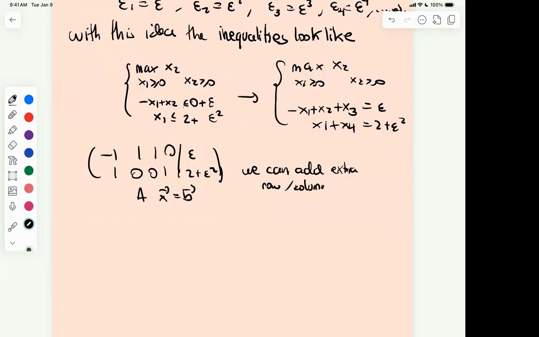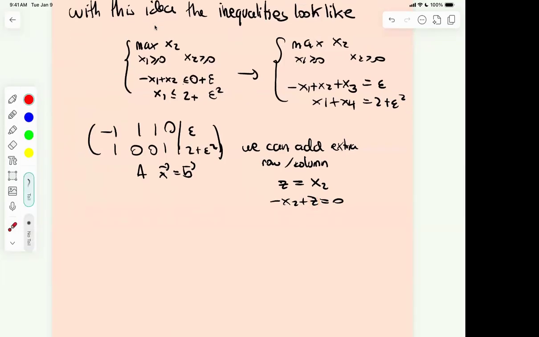I will always call the function we're maximizing z. So in this case, z just equals x2, which you can write as minus x2 plus z equals 0. So you think of an extra column for the variable z, and another row for that equation. So it's like adding an equation to the original matrix. Usually we'll put another horizontal line to separate it.